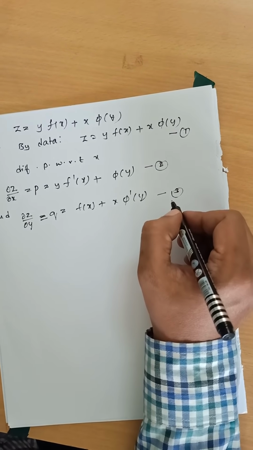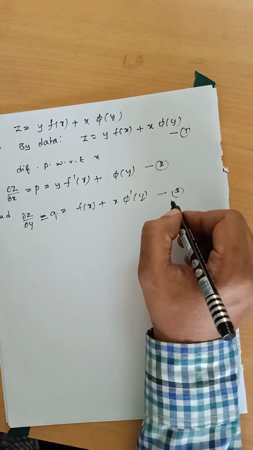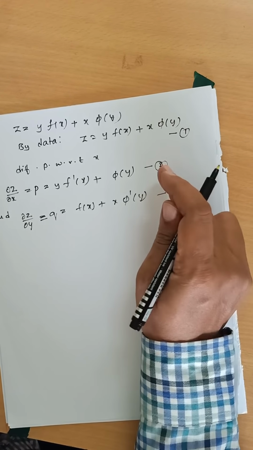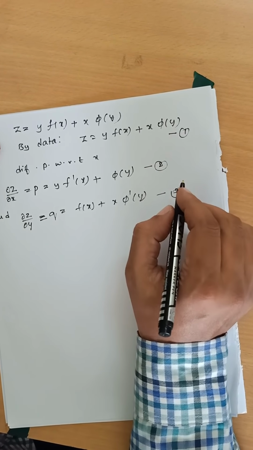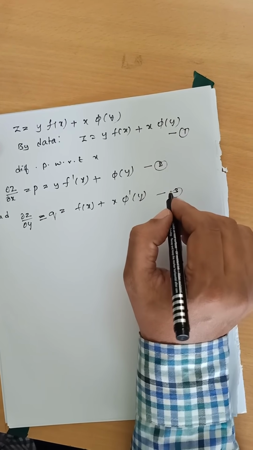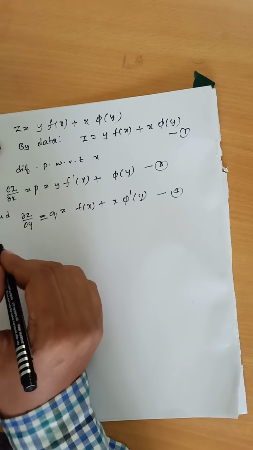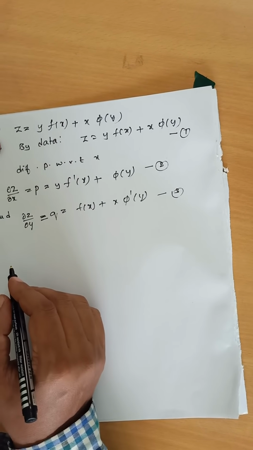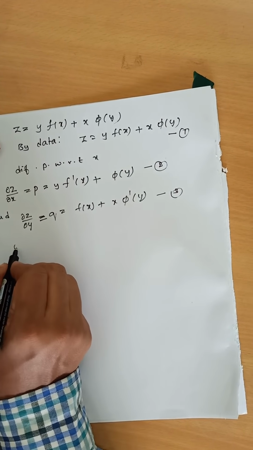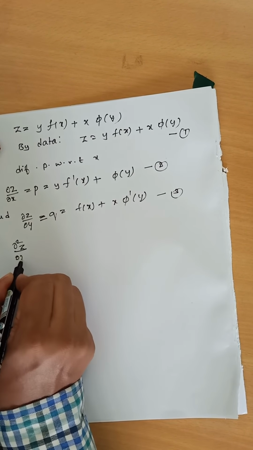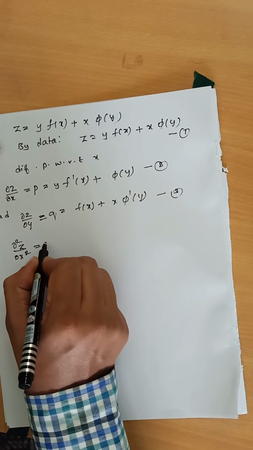It is very difficult to eliminate f dash, phi dash and phi by considering only these two equations. So that is why, after finding p, q, you go for finding r, s, t, and dou square z by dou x square is denoted by r.